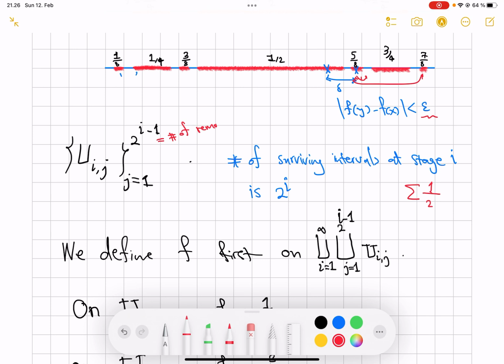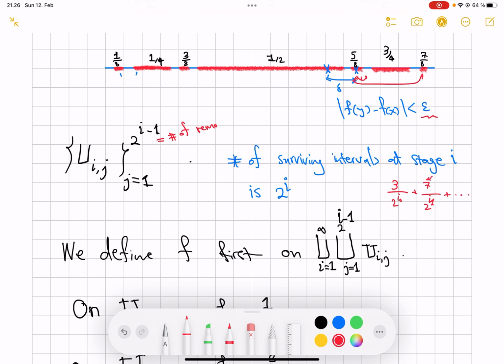So suppose you have 3 of 2 to the power i zeros, and then you have 7 of 2 to the power i ones, and so on.